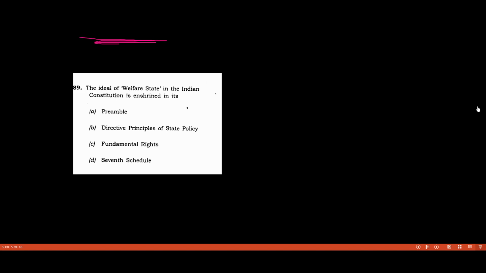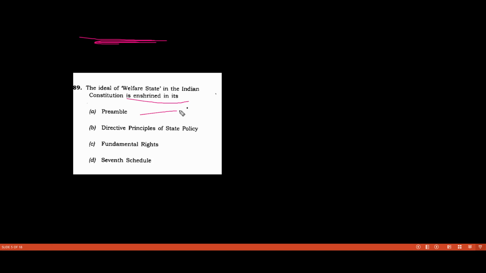And now see the ideal of welfare state in the Indian Constitution. Now, if you remember, all right, in the preamble, the word socialist is mentioned. So, what socialist ultimately means is the welfare state. All right. Because socialism is for the welfare of the people, so welfare state.